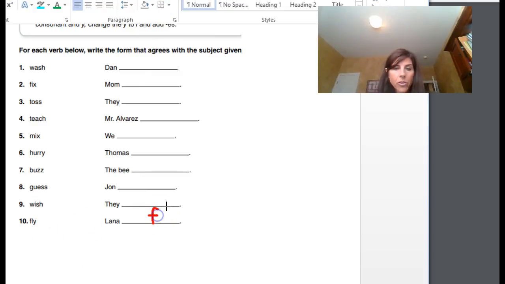You drop the y and add ies. There's one other one like that here, I believe. Hurry. We drop the y and add ies. That would be the rule for those types of words, present tense verbs.